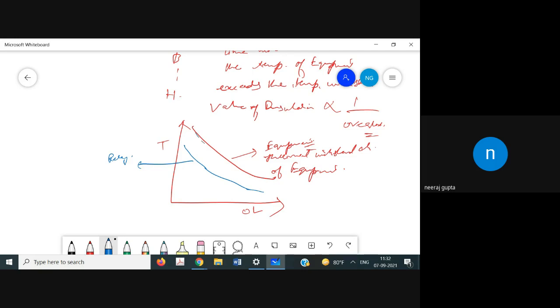So we try to fix the relay characteristic near this thermal capability limit, so that not much space is left and the relay characteristic is near the withstand capacity of the equipment.